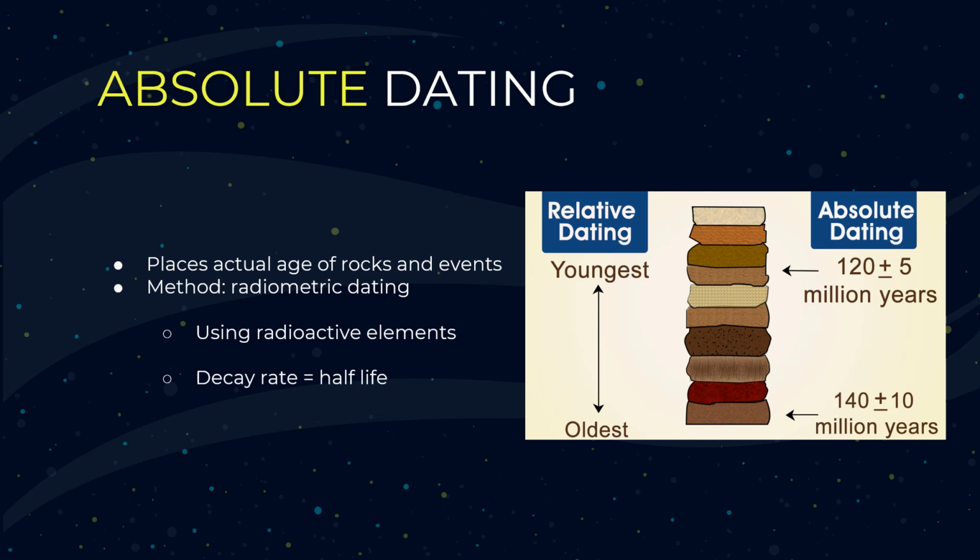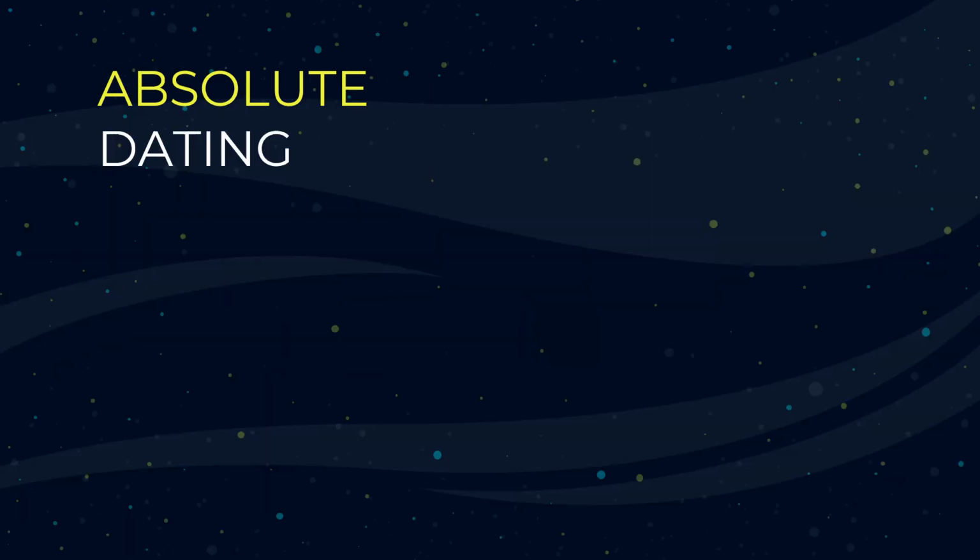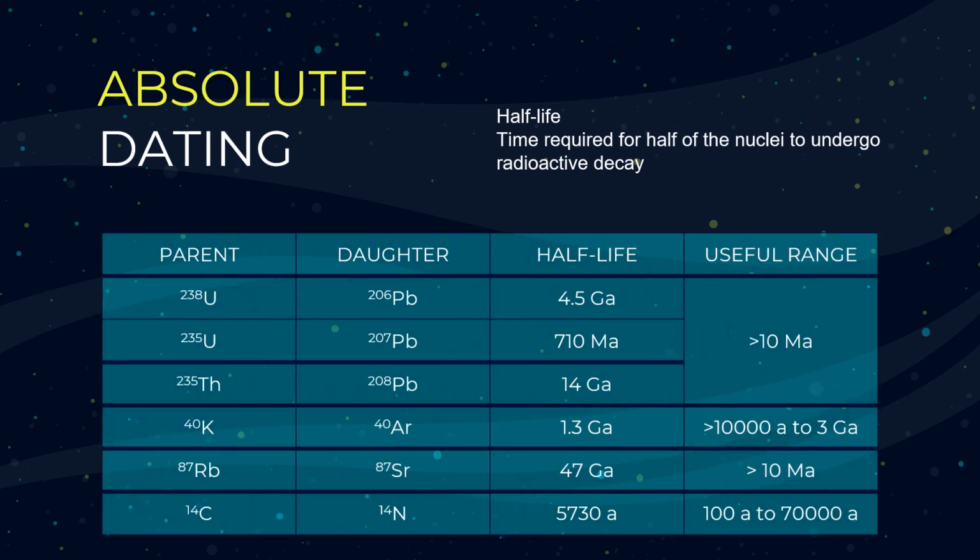I will not be discussing this in detail because this will be discussed further in your chemistry subject. So remember that the half-life value is constant. With the knowledge of the decay rate and the parent to daughter isotope ratio, absolute date may be computed using a simple mathematical formula. And these are the common radioisotopes used to determine geologic materials.